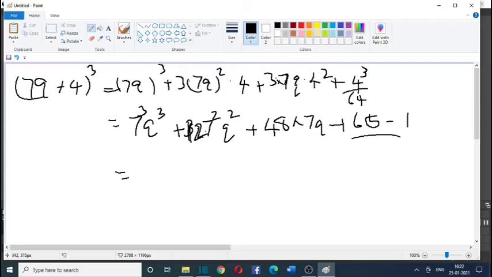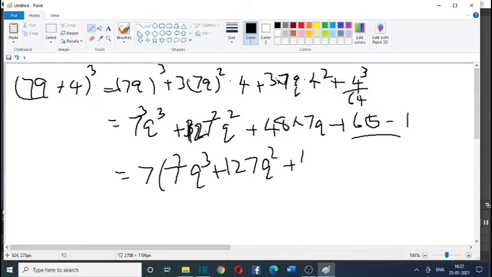So this is 7 into (7 square q cube plus 12 q square plus 48q plus 9). This is 63.